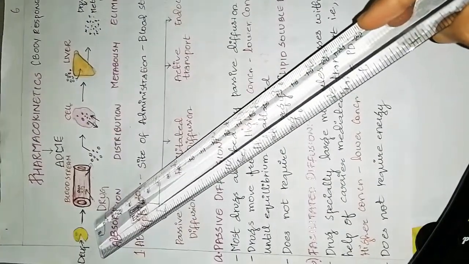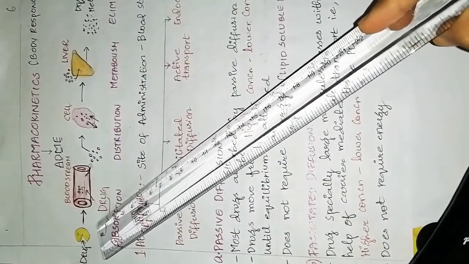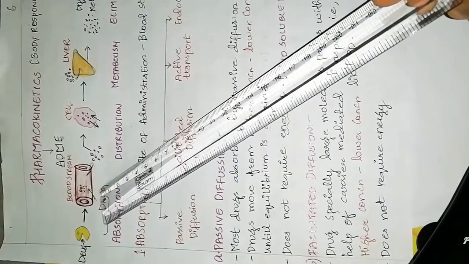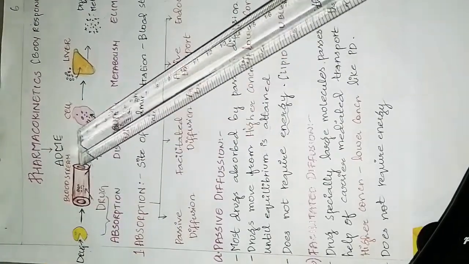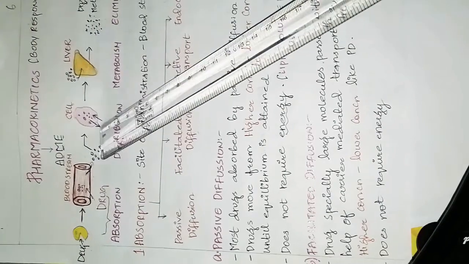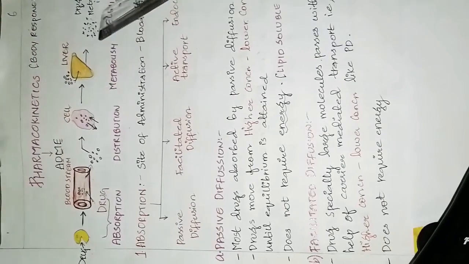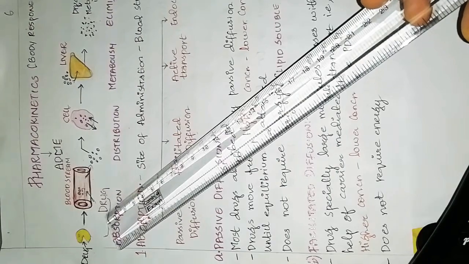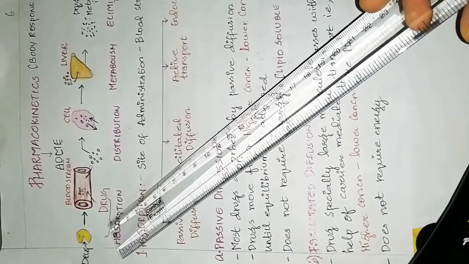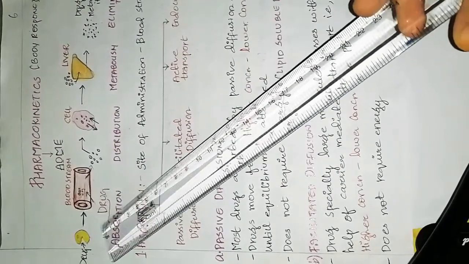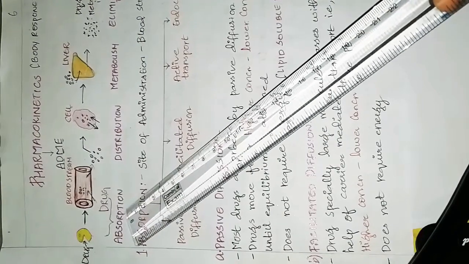So once the drug is administered in the body, it goes to the bloodstream. Then from the bloodstream, the drug goes to the cell, inside or outside the cell. From the cell, it goes to the liver where it gets metabolized, then it gets eliminated. The movement of drug from the site of administration into the bloodstream is known as absorption.